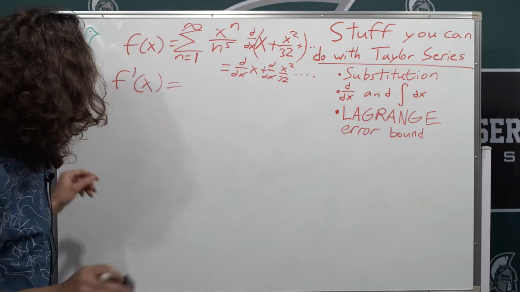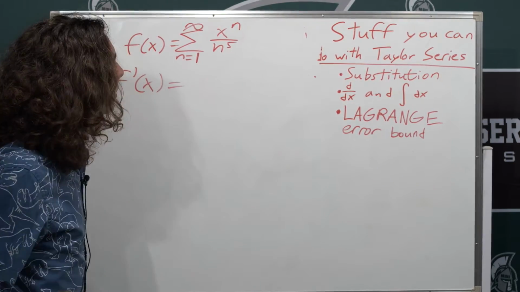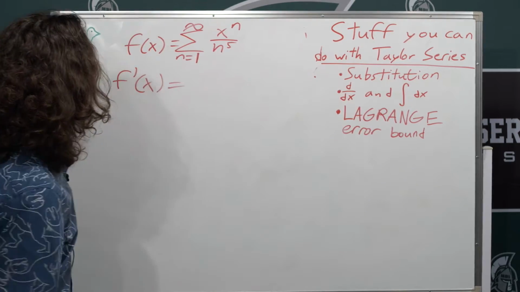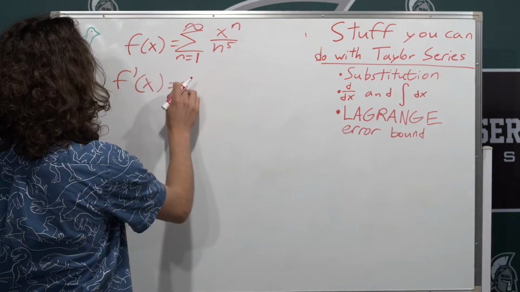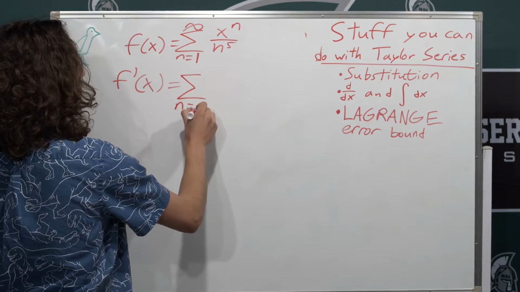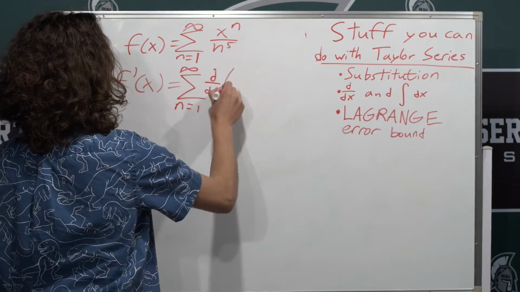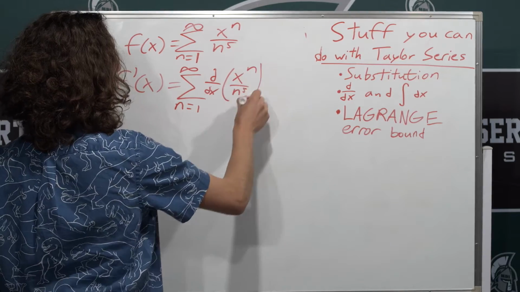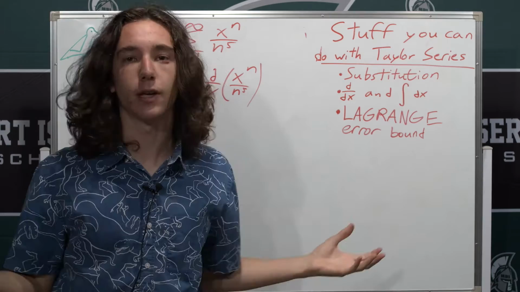So we can take this general term and just stick our derivative inside of that summation. So we can just say d over dx, x to the n over n to the fifth. Because it's just a ton of plus signs. We're distributing it to the general term.